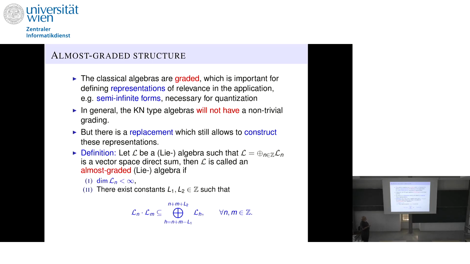Or maybe for the mathematician, they are necessary because they are interested in representations on their own. But in field theory, you are interested in these representations from this point of view. In general, the Krichever-Novikov type algebra will not have a non-trivial grading. Of course, they always have a trivial grading, but this is not of any help in this context. But there is a replacement which still allows us to construct these representations, and this is the almost grading.